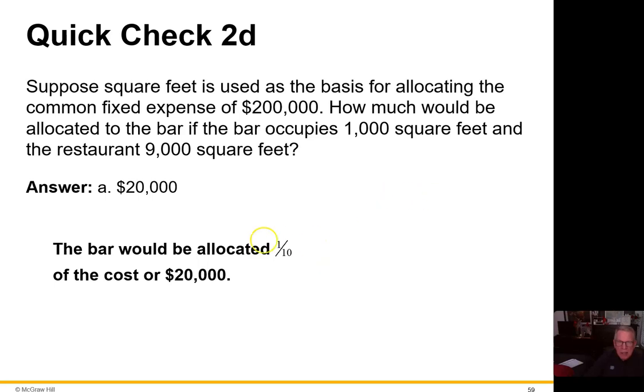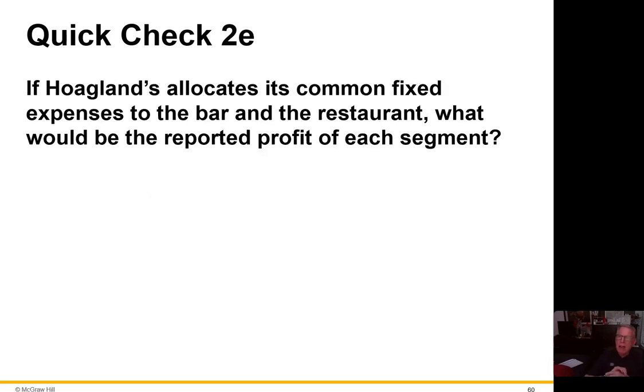That would be taking 1,000 square feet here and 9,000 square feet there, total of 10,000 square feet. 1,000 represents 10% of the square footage. And if I were to multiply that times $200,000, we would allocate $20,000 to the bar, which of course would be inappropriate.